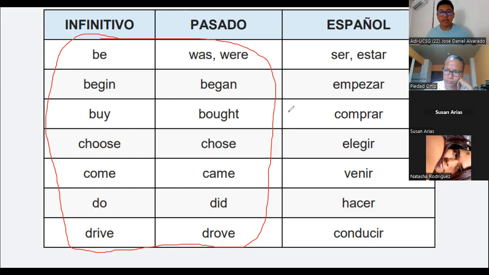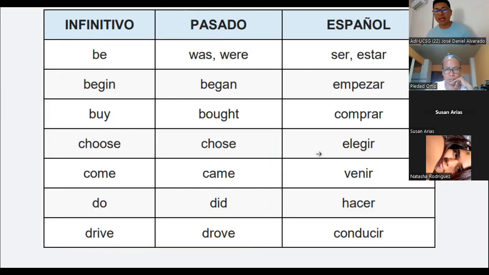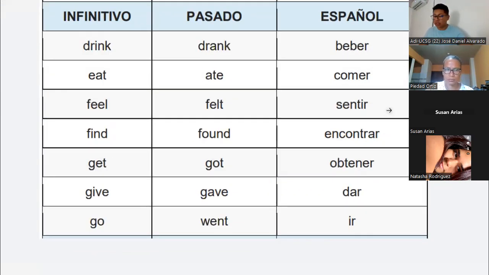Okay, thank you. Very good. Now, this is the first set. Remember that there are a lot of irregular verbs, but in here we have the most common ones. Okay, then we move to the next part.